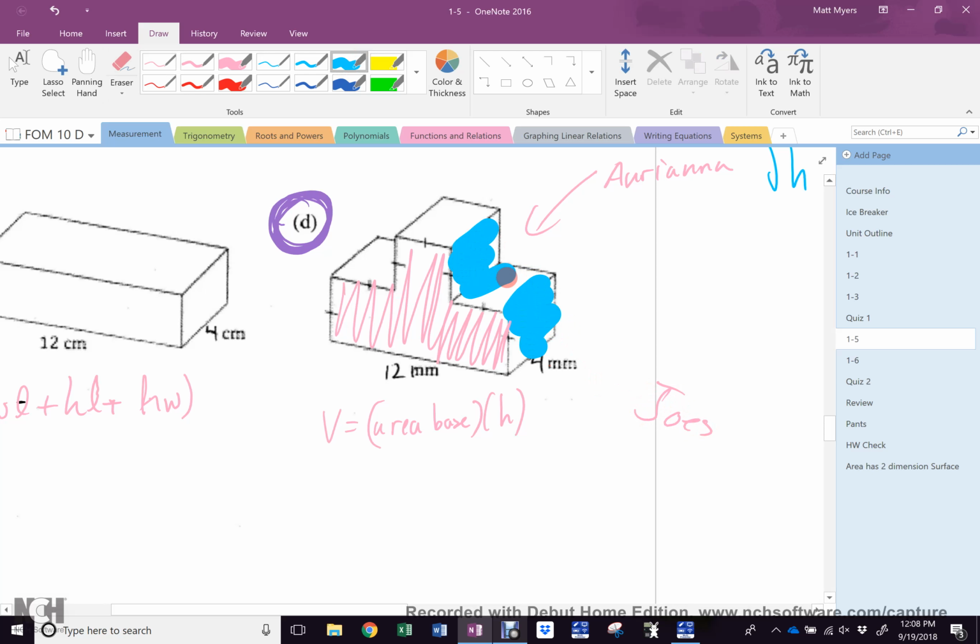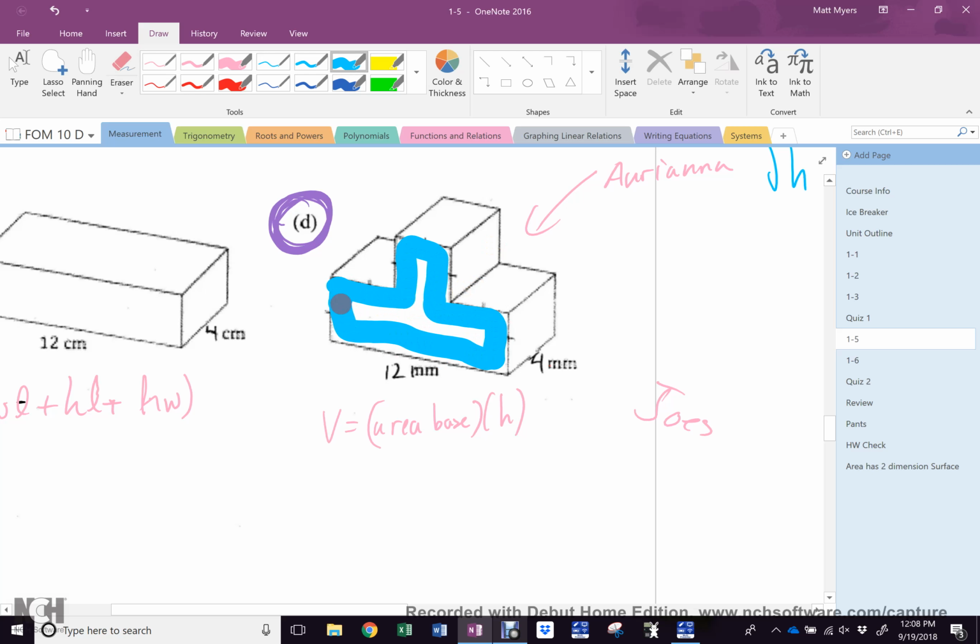Because he can't see that roof, because he's looking at it straight from the side. Joseph only sees 2 squares, whereas Ariana and I see 1, 2, 3, 4. So what's the base? The part that I've shaded in, correct? That's the base. Agreed? So, what is the area of that shape? This part is what? 12 times 4, which is what?